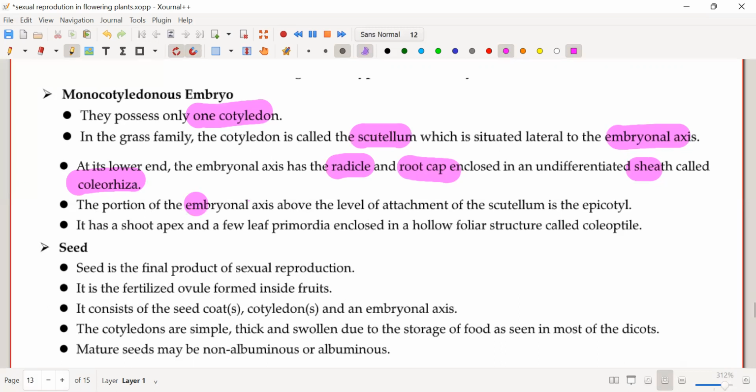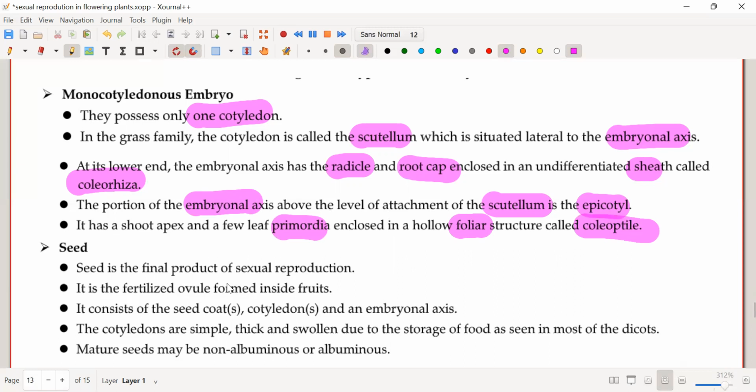The portion of embryonal axis above the level of attachment of the scutellum is the epicotyl, where it forms the shoot system. It has a shoot apex and few leaf primordia enclosed in the hollow foliar structure called coleoptile.